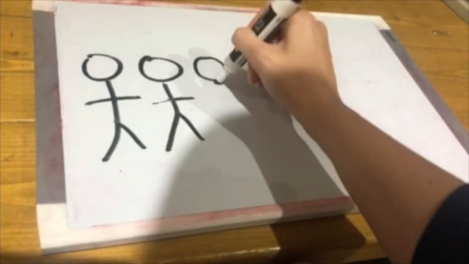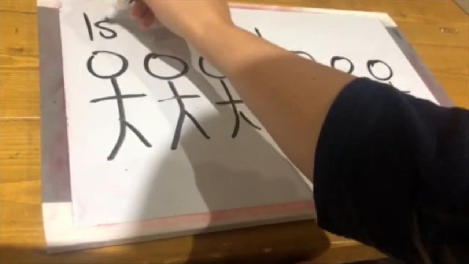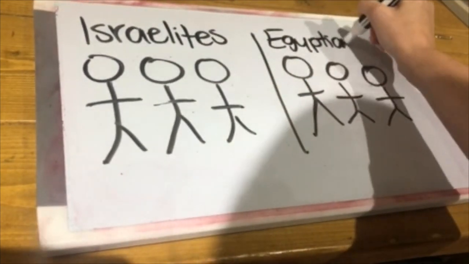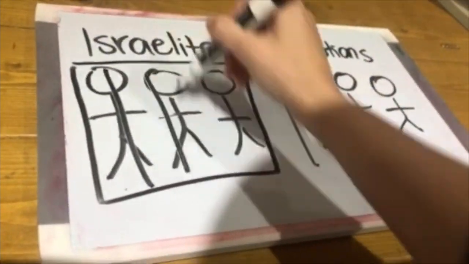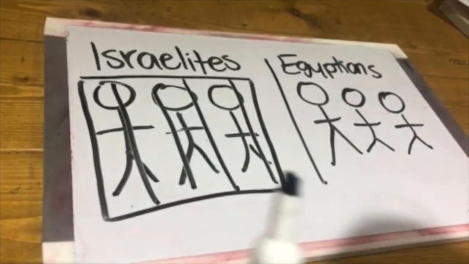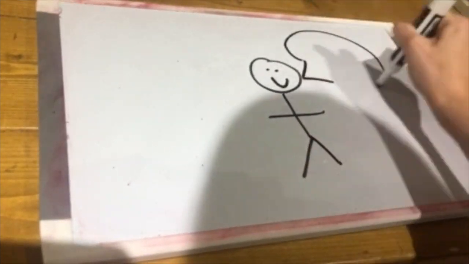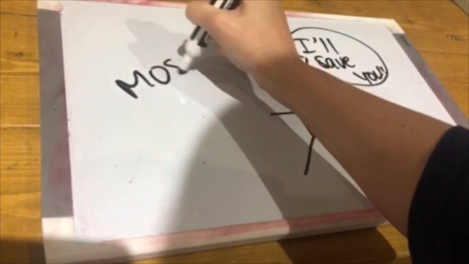So in the Old Testament of the Bible, there were two groups of people, the Israelites and the Egyptians. And because the Israelite family was getting bigger, the Egyptians became jealous of them and they turned them into their slaves. So the Israelites were slaves to the Egyptians. But God sent a man named Moses to save the Israelites so that they wouldn't be slaves anymore.